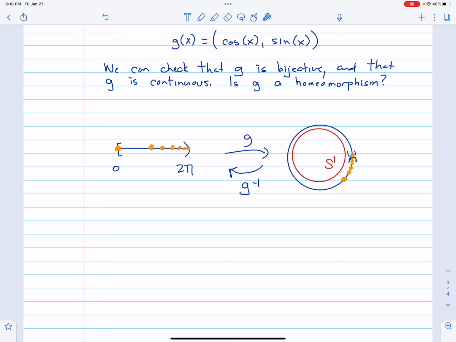So we can see two reasons why it's not continuous. Thus g is not a homeomorphism.